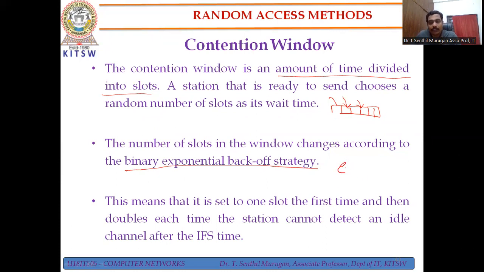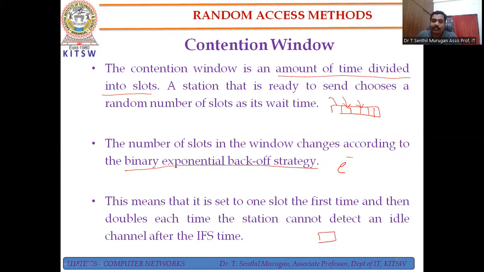Exponential values, binary values, it will take. This means that it is set to one slot the first time and then doubles each time the station cannot detect an idle channel after the IFS time. So what happens if we have the priority? It will take the time and it has to wait.